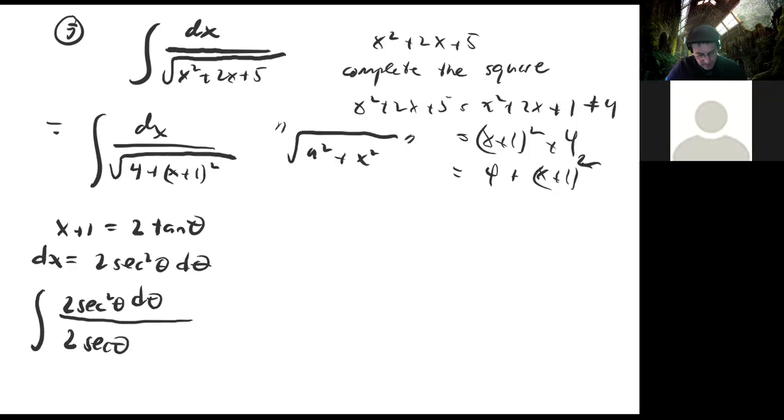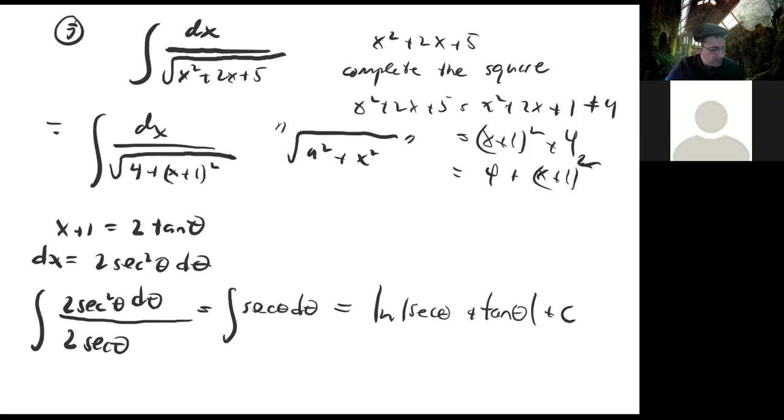And that's this cancellation. We get the integral of secant theta d theta, which we've already seen was ln of secant theta plus tangent theta plus c.